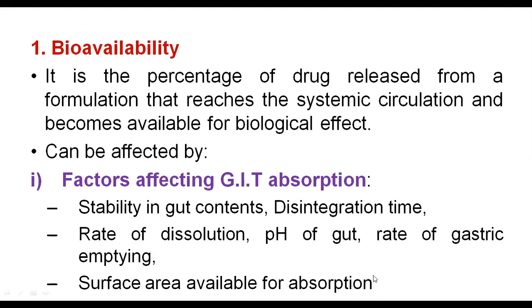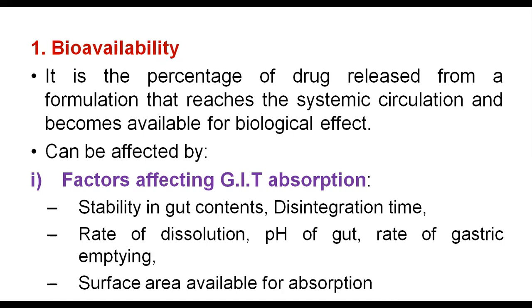In situations where the surface area in the GIT is impaired, let's say a patient has had resection of parts of the small intestine, then the rate of absorption of drugs might also be affected.